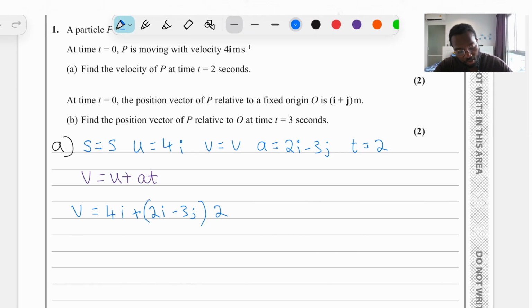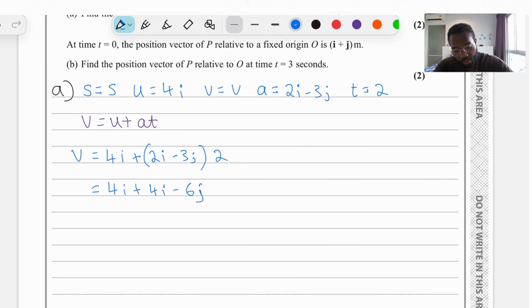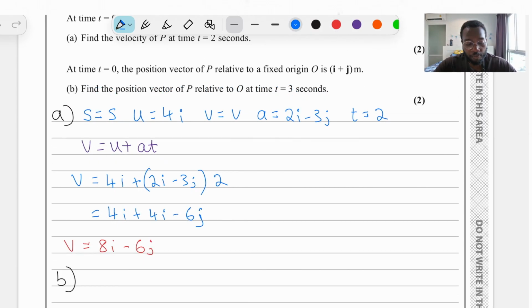If you work this out, 2i times 2 is 4i, and minus 3j times 2 is minus 6j. Then if we just simplify this down, we get V as being 8i minus 6j.